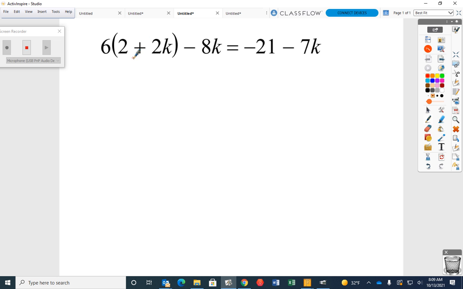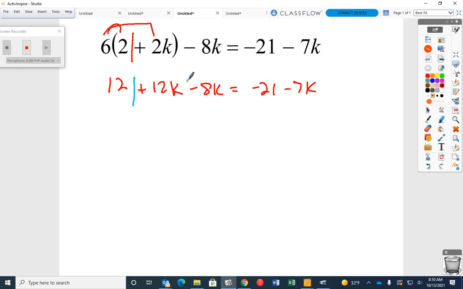I'm going to get rid of these parentheses first. Okay, how many of you got to this spot where you got rid of the parentheses? Okay. What do I need to do before I start moving variables? Combine like terms. Thank you. Can I combine anything here? 12K and 8K. Okay, I can't combine 12 with anything, so that's going to come down. But I can combine 12K and a negative 8K. What would I have? Plus 4K equals negative 21 minus 7K, right?